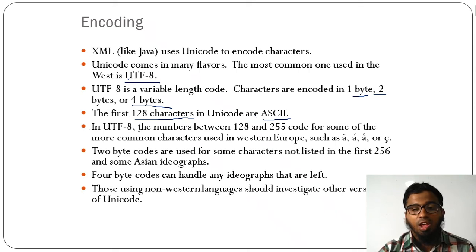In UTF-8, the codes between 128 to 255 are for some of the more common characters used in Western Europe, such as A tilde, A dash, A naught or C comma. Next, 2-byte codes are used for some characters not listed in the first 256 and some Asian ideographs.